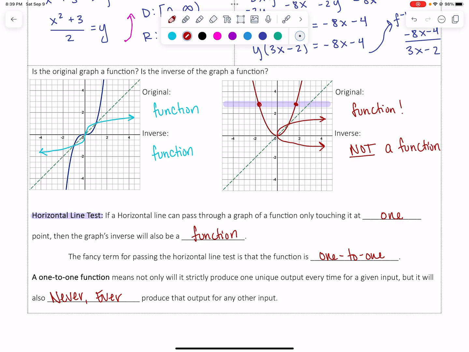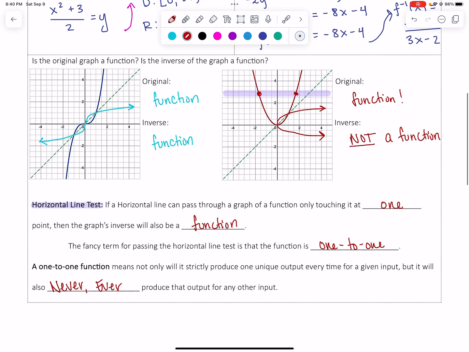Meaning that if you are given an output, you're only going to have one input that gives you that output. This is pretty straightforward if you think about, on this parabola, what's giving me an output of 4? Well, the input of 2 and the input of -2. That's two inputs that double up there. So that's not a 1-to-1 function, whereas a cubic is a 1-to-1 function.